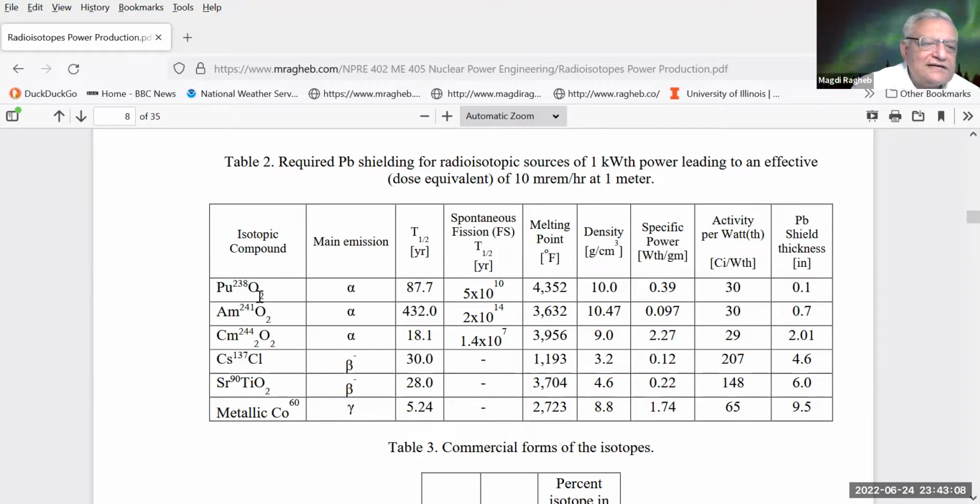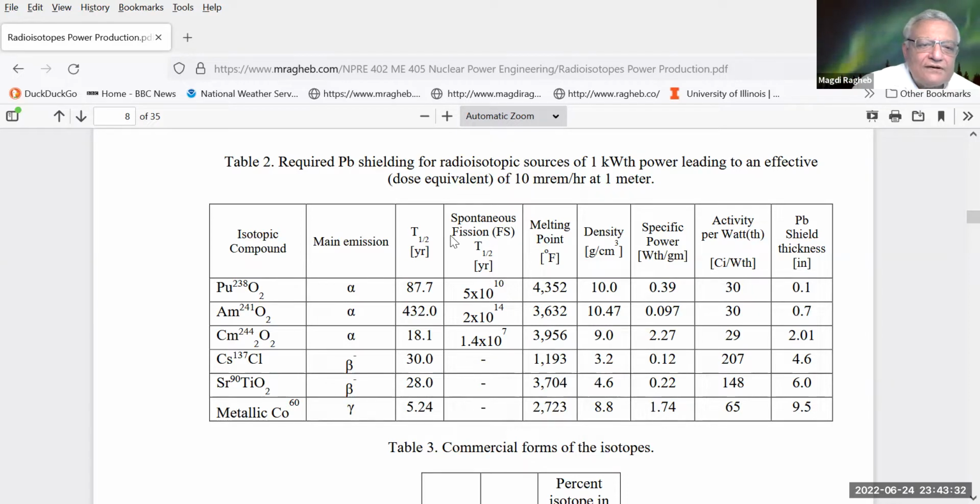You use oxides. So plutonium-238 oxide is used, cesium-137 chloride is used. And if you need really very high temperatures, strontium titanate, this is titanium oxide, that's called titanate. This is a pure beta emitter. Cobalt-60 is a gamma emitter.